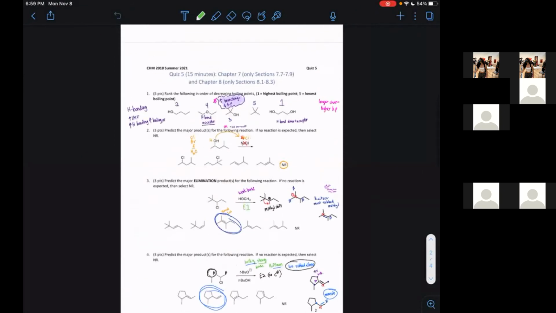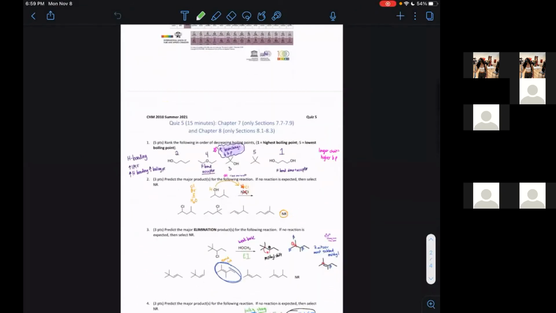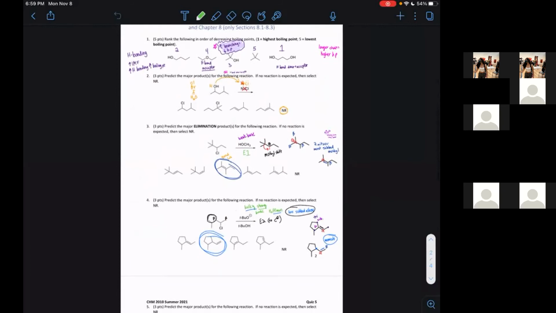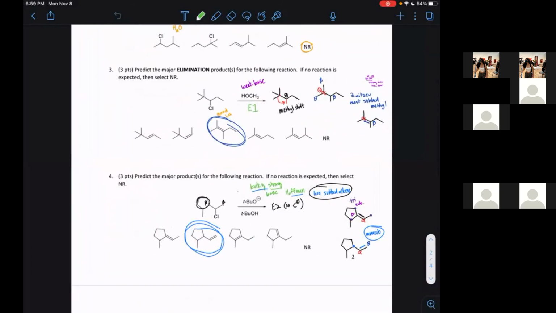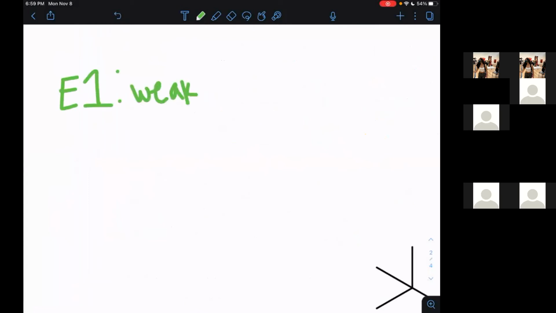Any other questions or things to review? Eliminations were a bit of a struggle. I guess the main things for elimination is just E1 is a weak base, and E2 is a strong base.